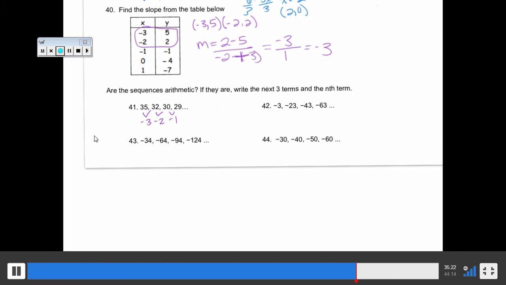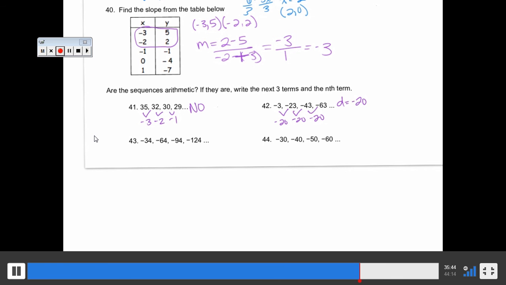So this is not an arithmetic sequence. If we look at number 42, we have minus 20, then minus 20, and then minus 20. So our common difference is minus 20.